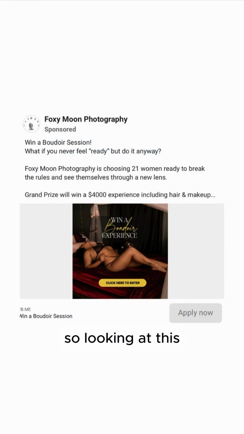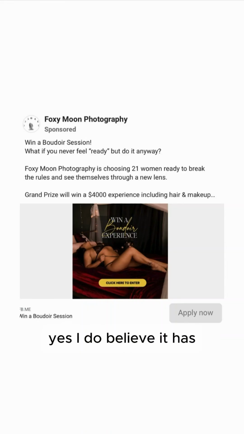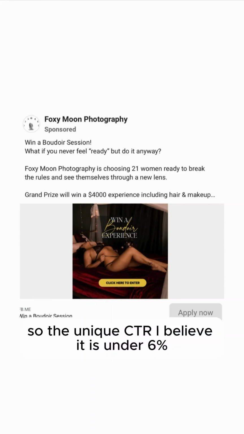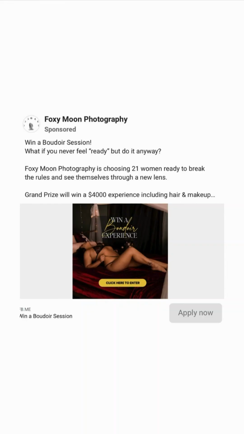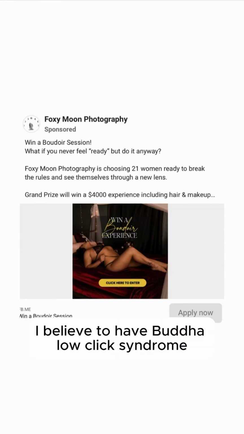So looking at this, yes, this boudoir Facebook ad, I do believe the unique CTR is under 6%, causing this boudoir Facebook ad, I believe, to have boudoir low click syndrome.